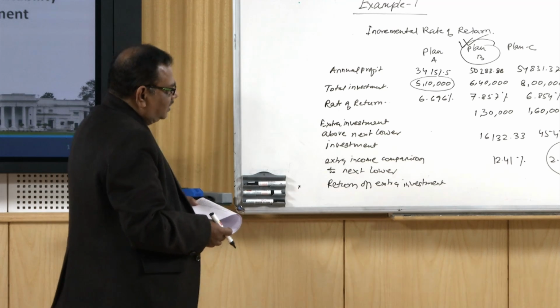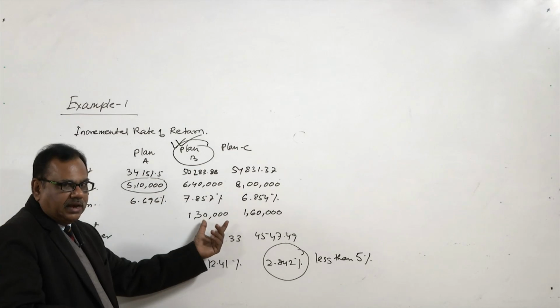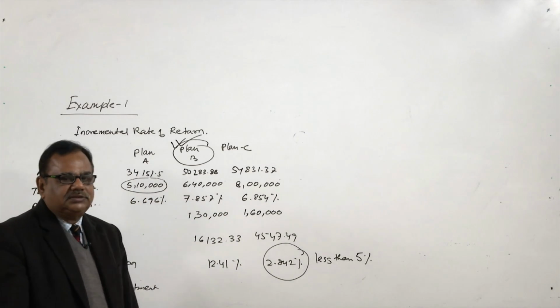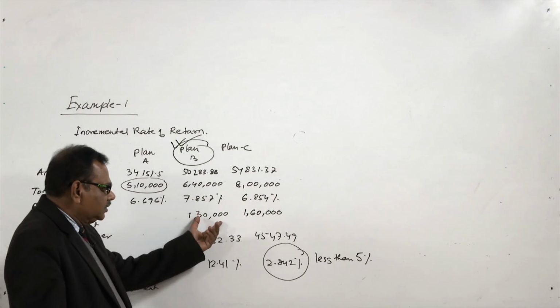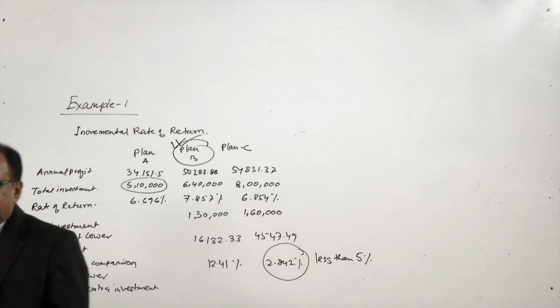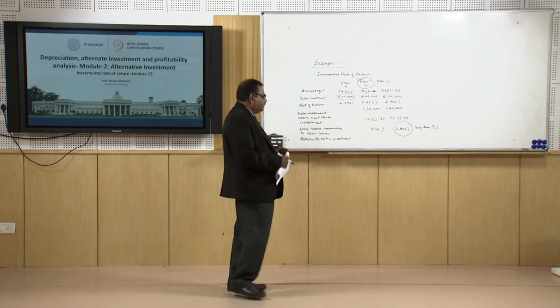So, if the extra money is available, I will not go for plan C, because that extra money will fetch me only 2.842% profit, whereas if I put that extra money into the bank, at least I will get 5% or more than 5%, which is MARR.